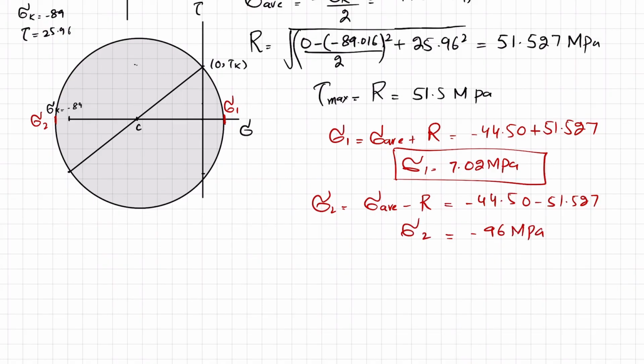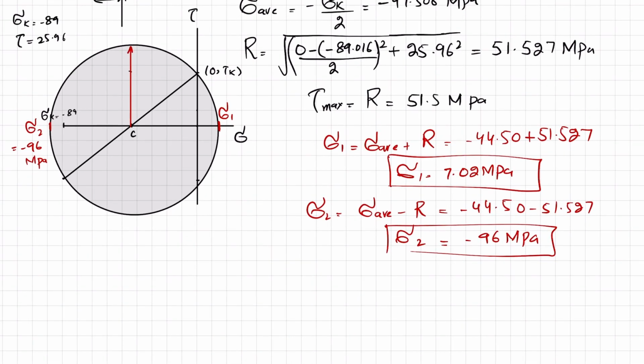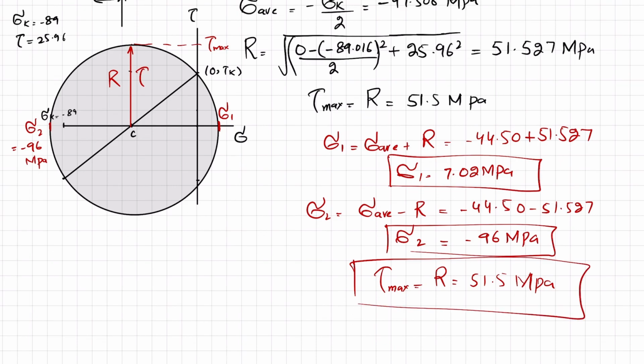Also from point C to the outermost, this is the radius, which corresponds to the maximum shearing stress, and that maximum shearing stress is equal to R, 51.5 megapascal. So these were the principal stresses at point K, and this is the maximum shearing stress.